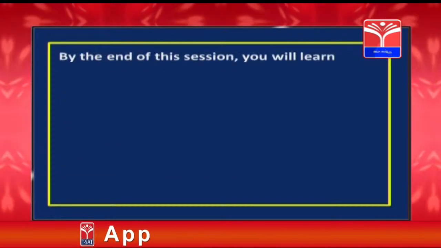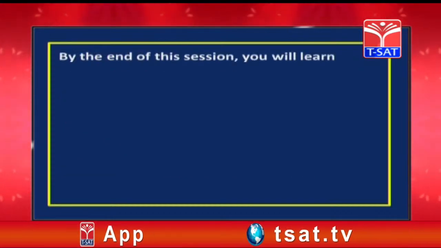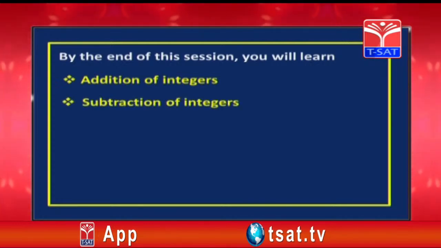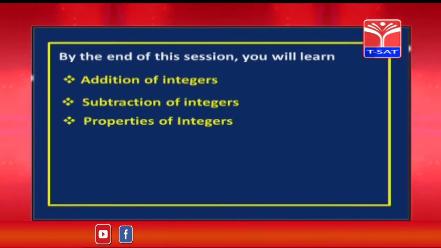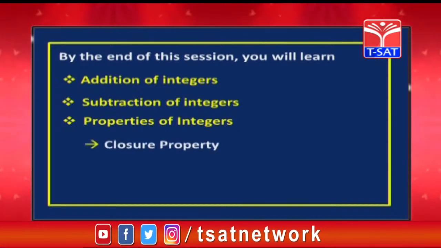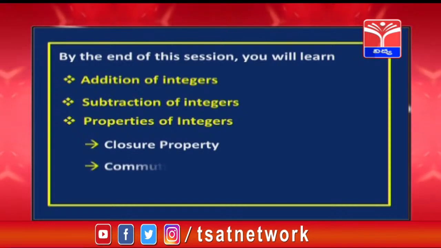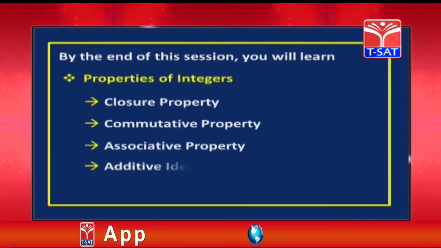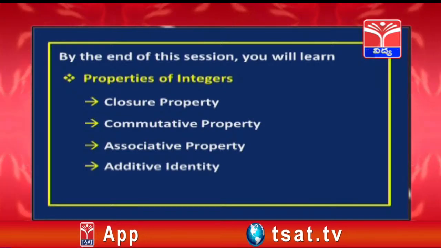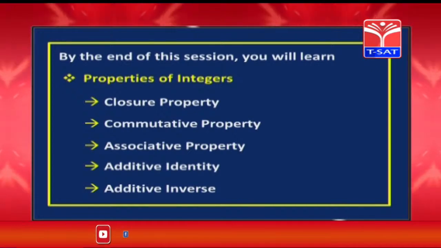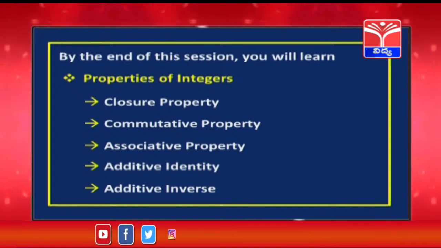By the end of this session you will learn addition of integers, subtraction of integers, and also will learn properties of integers, and in these properties we are going to learn about closure property, commutative property, associative property, additive identity and also additive inverse. So these are the properties that we are going to learn in our today's session children.